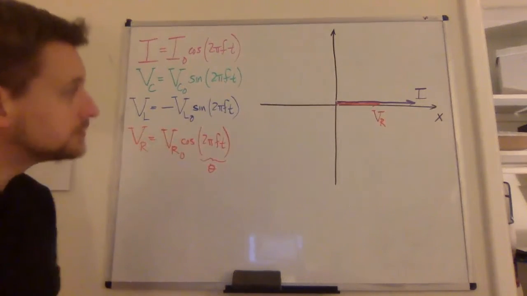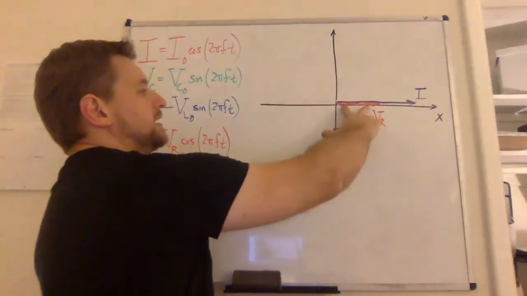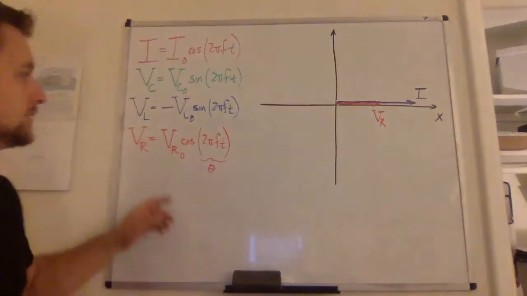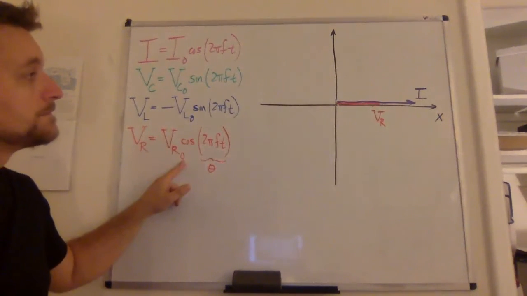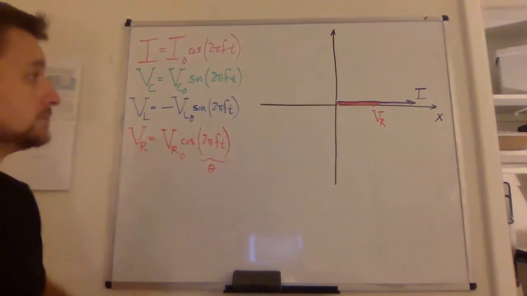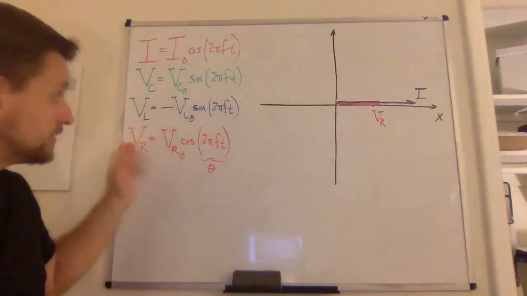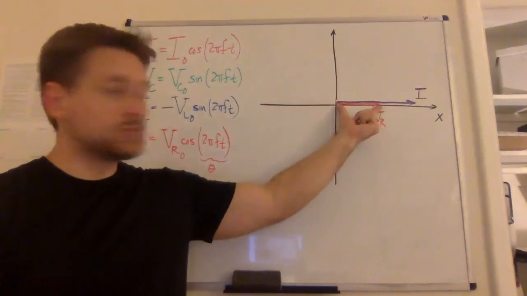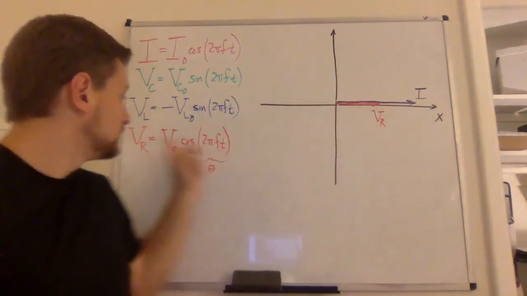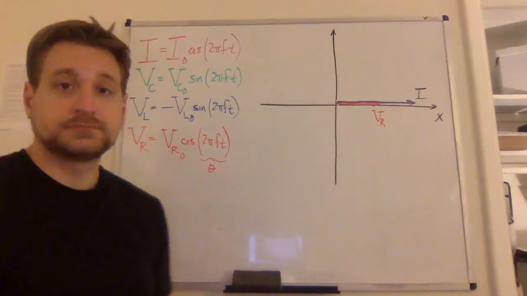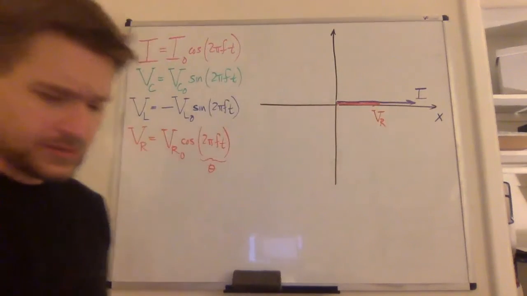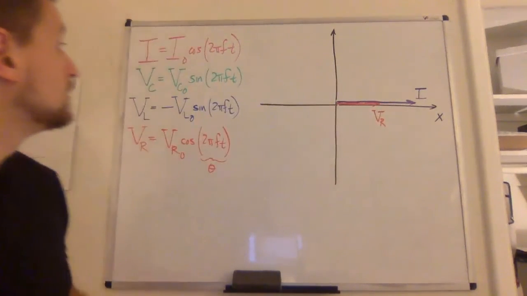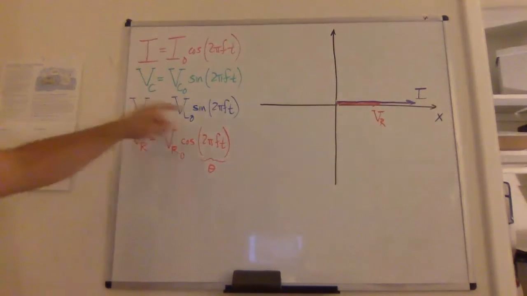The length of this red arrow is V sub r sub 0. Its current value is the x component, which is V sub r sub 0. I'll draw that in a second, but I just wanted to get the initial picture when t equals 0.